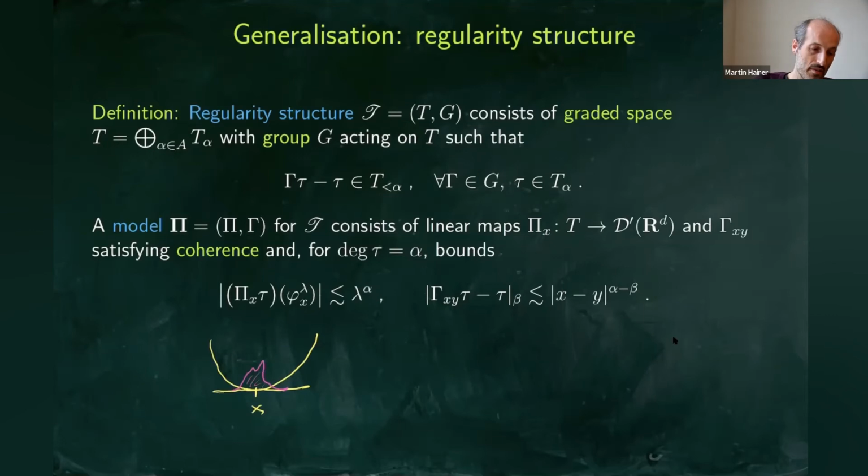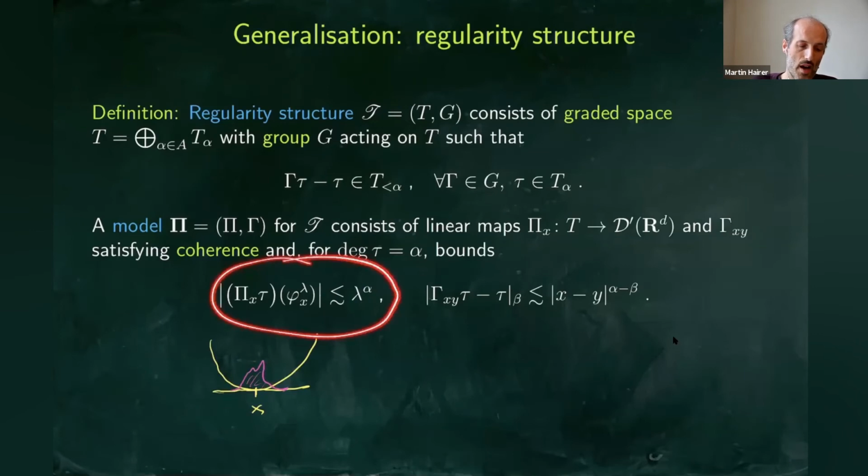If you do that, you can rescale things and use the scale invariance of the parabola, and you find that what you get is proportional to lambda squared. If you take a cubic, it's going to be proportional to lambda cubed, etc. So you pick out the degree of the monomial by testing against the test function and seeing what power of lambda comes out. And here we just impose this as an upper bound.